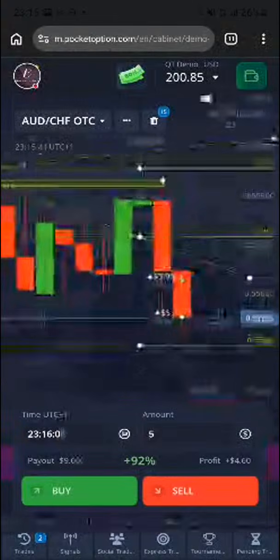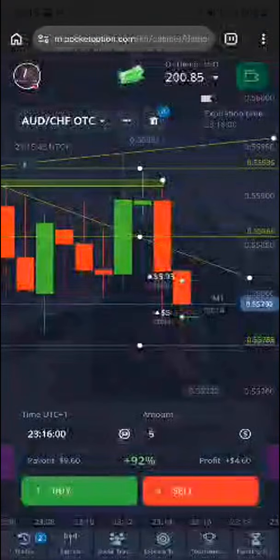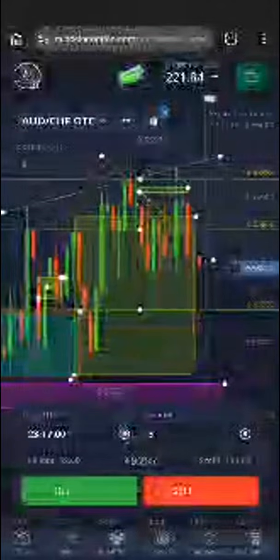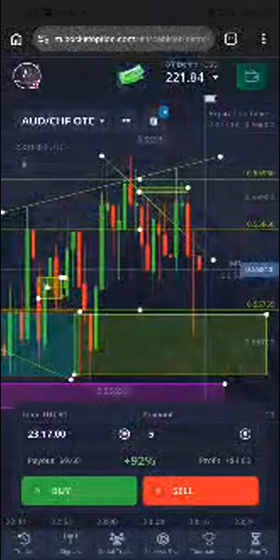But we may still have a green candle on this push and pull scenario. Why? Because we have an evening star pattern, and evening star patterns can give us retracements. And now we just touched a demand area down here. Demand area is where you have buyers. So look, you can see now we have buyers down here.